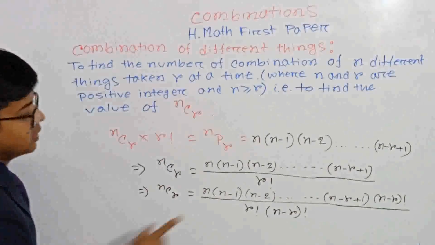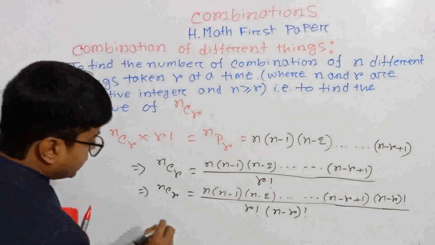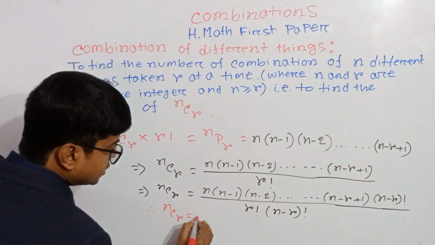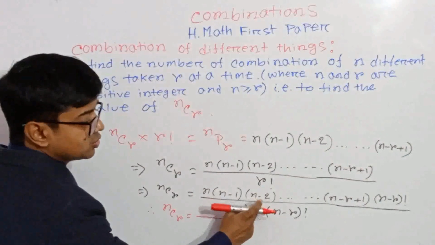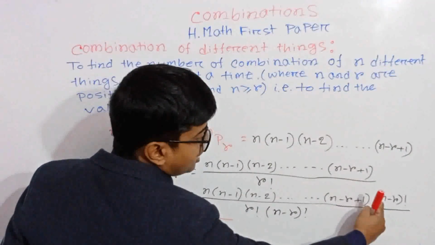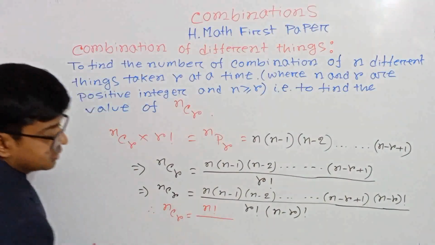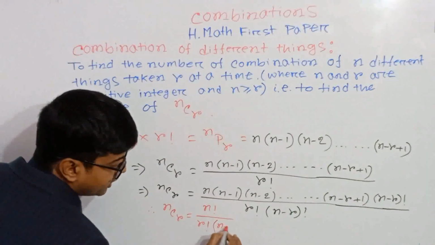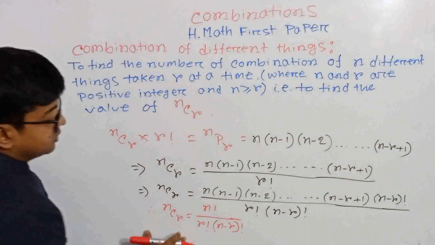Therefore nCr equals factorial n over factorial r factorial n minus r, which is the formula of combination.